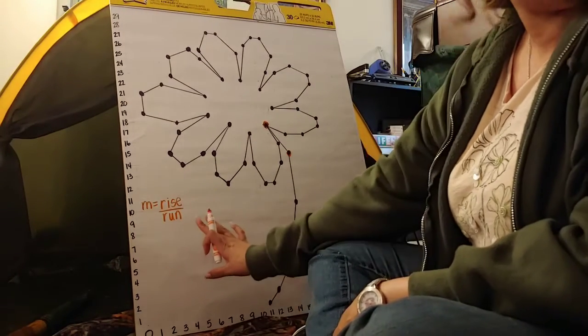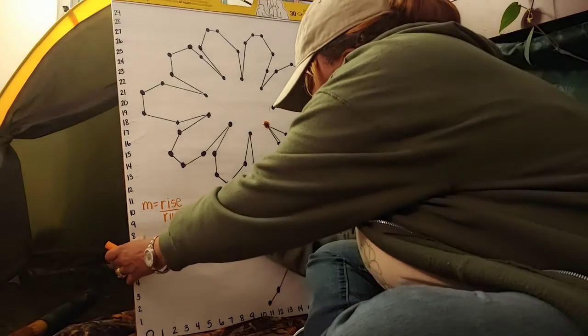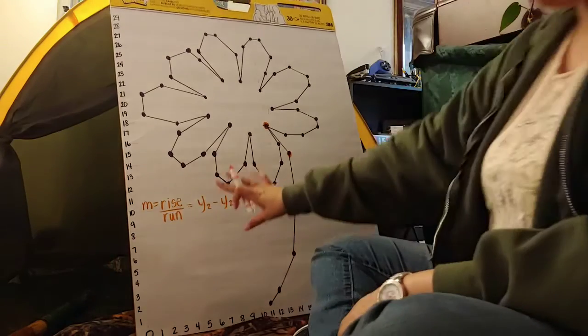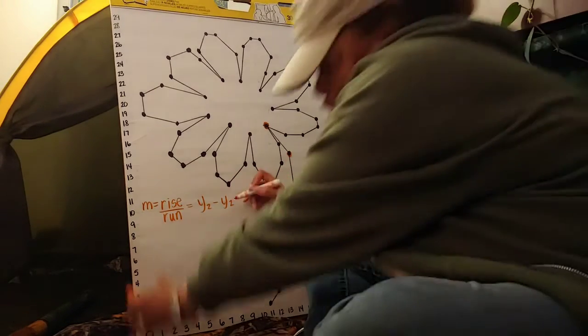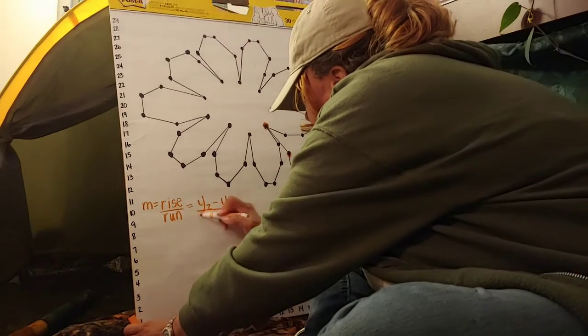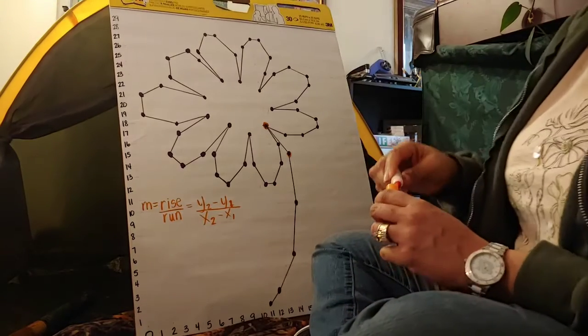M equals rise over run, which means that you have your second y coordinate minus your first y coordinate. Sorry, that should be a 1 right here. Over x, the second one and the first one.